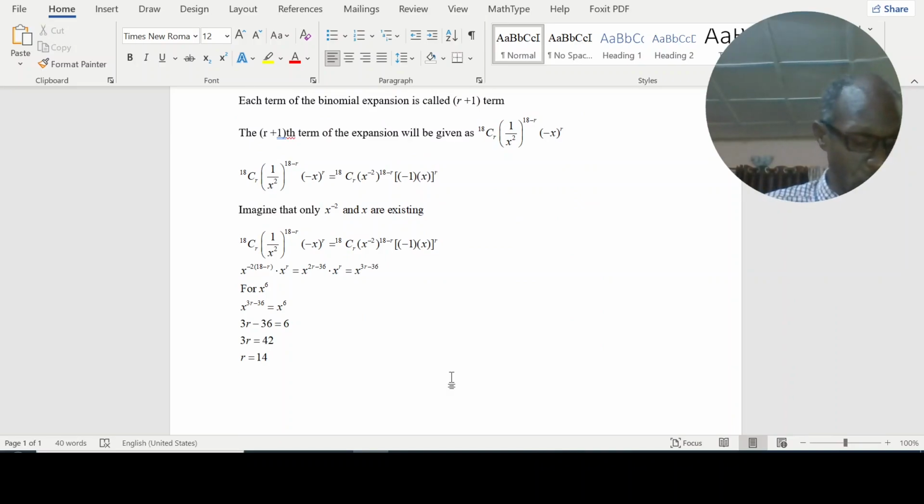So substitute 14 for R in the R plus 1 term pattern.